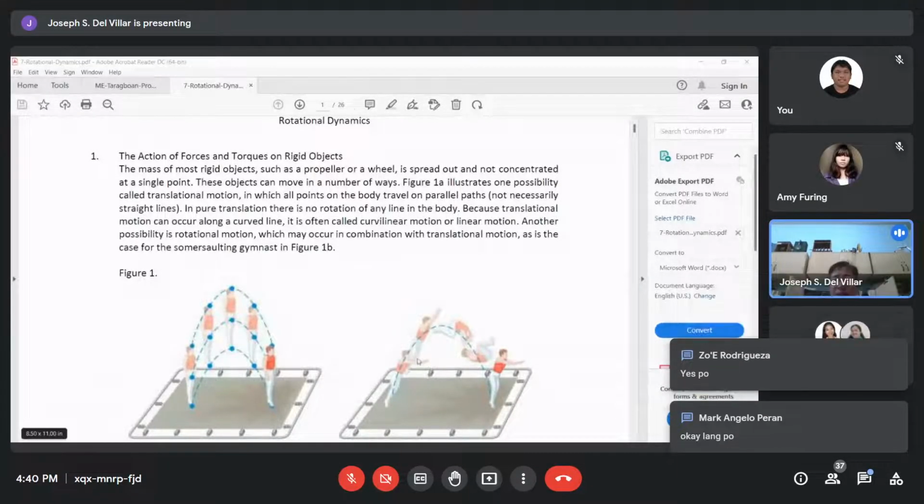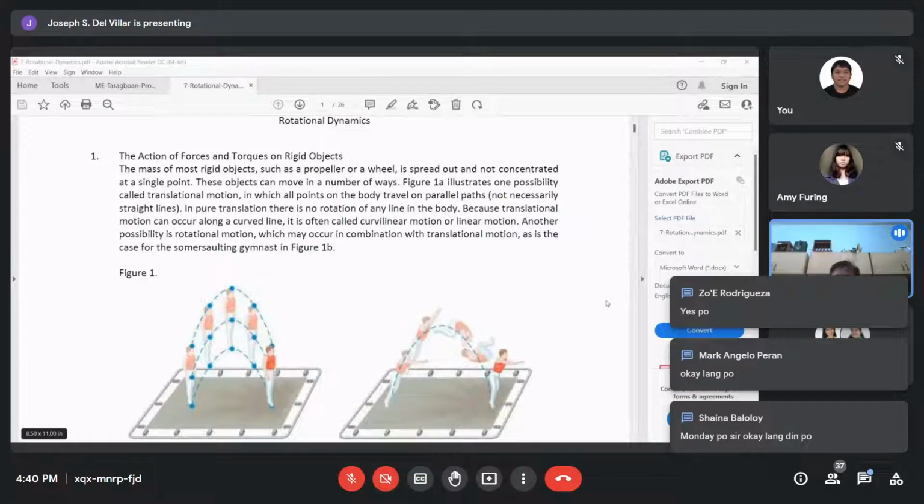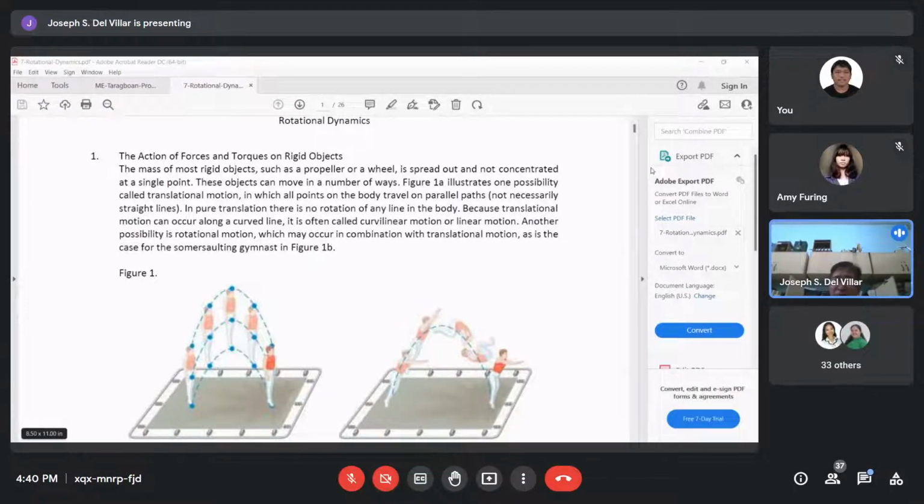Ang content lang ng portfolio will be basta yung last na na-discuss ko, gawa din kayo ng 5 problem doon. So 5 problem doon yung last plus 5 problem about yung diniscuss ko ngayon, yung rotational dynamics, more on about torques. Okay? And then sige, i-exam ko na lang sa inyo torque alone.